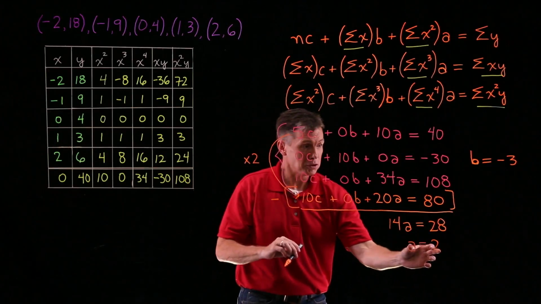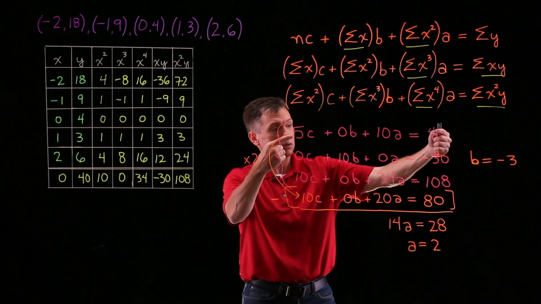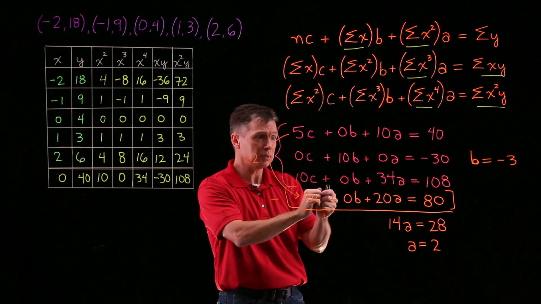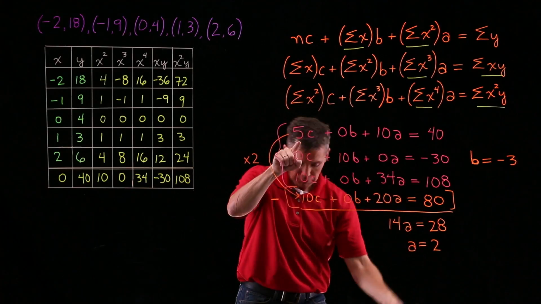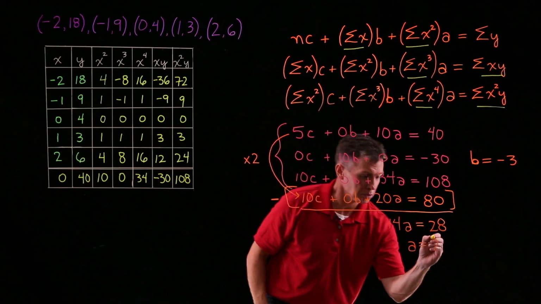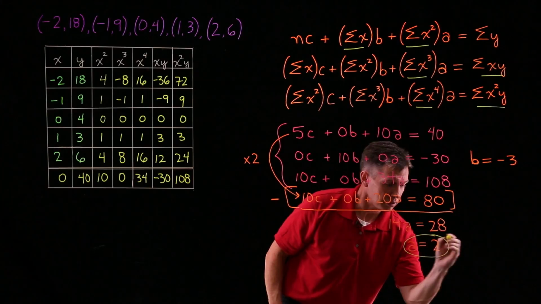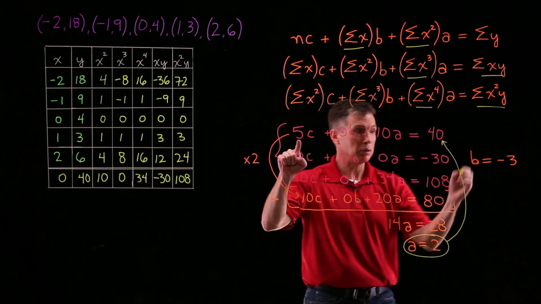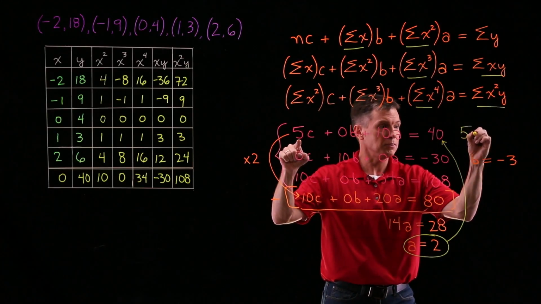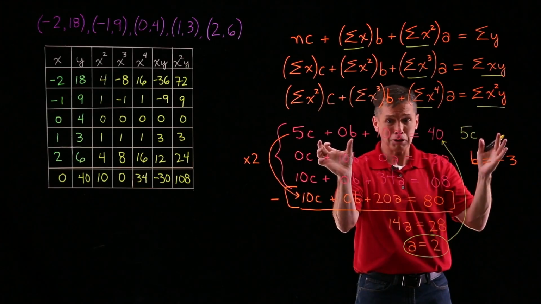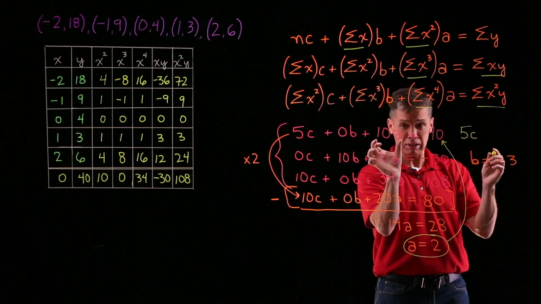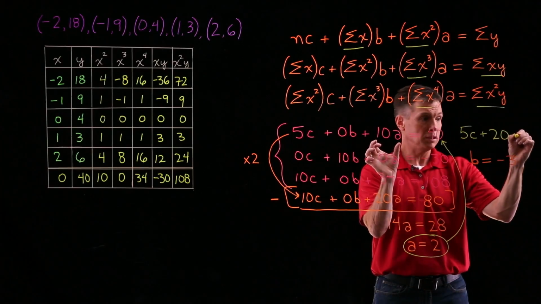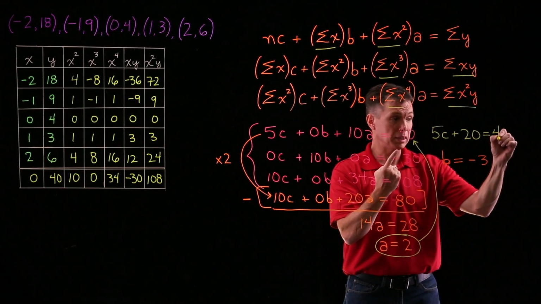Next, I'm going to take that a of 2 and plug it into either one of these equations, the first or the third. Something that has the a, not the b, would be nice. So I'll plug it in here. Let me switch colors again if it helps. Take that a of 2 and plug it in to this equation so that I will have 5c plus 0b, I'm not going to bother writing it. 2 in for a means plus 20 equals, you do still have the 40 on the other side.